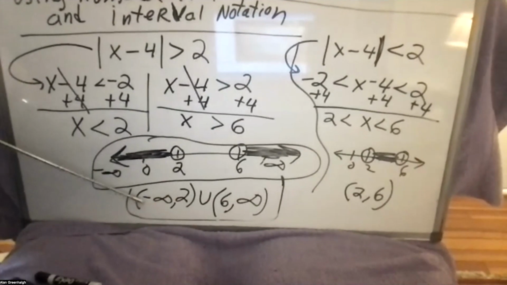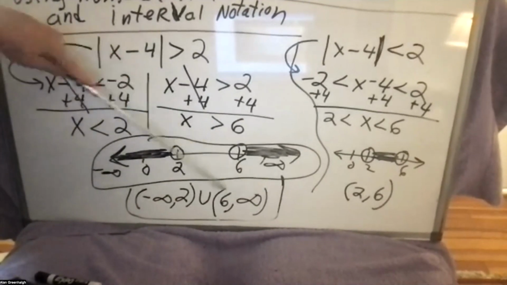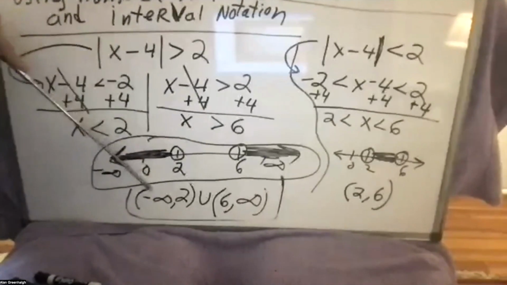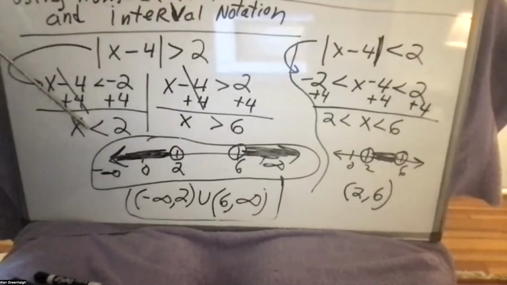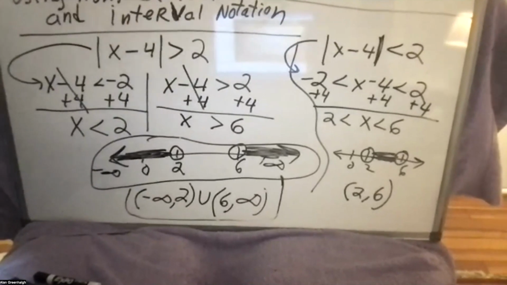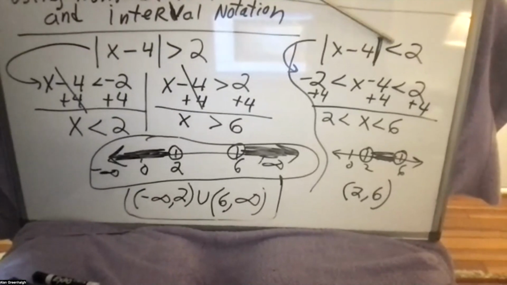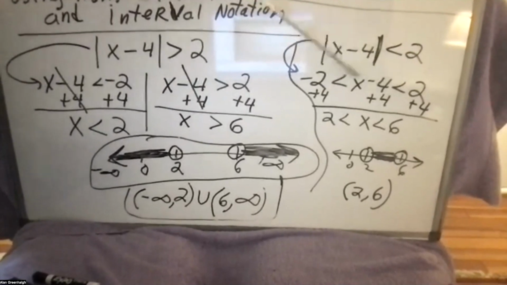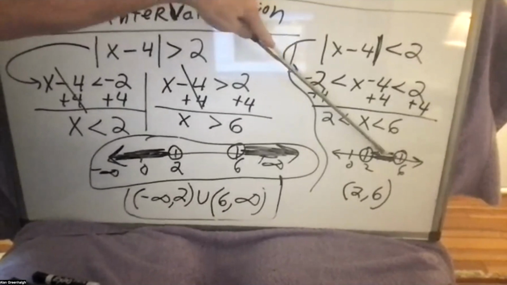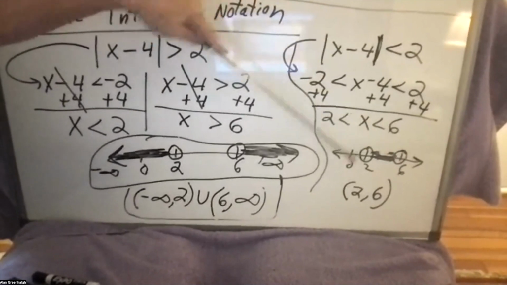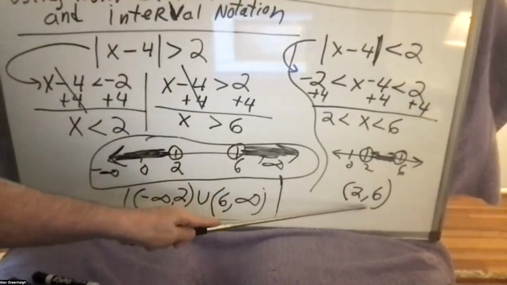If it's an or, you're going to have two situations going on, one here, one there. That's an or. If it's less than, it's an and. So I put them together, I solved it, and there it is, between the two values. And it'll be a very simple interval notation.